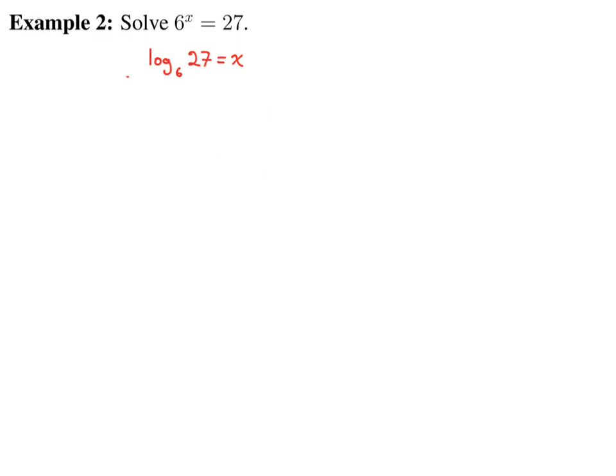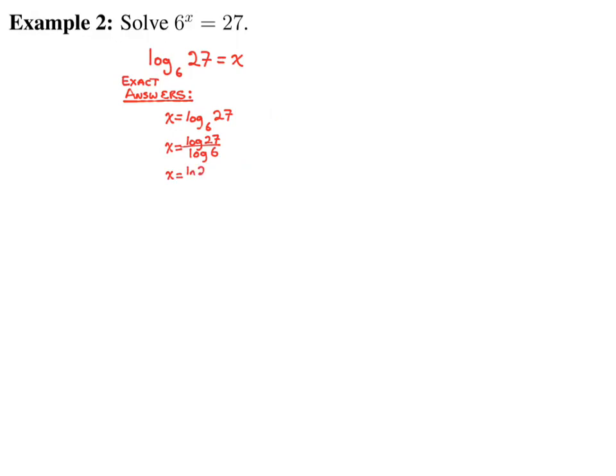So that turns into log base 6 of 27. And then to go ahead and make an exact answer, you'd say x is log base 6 of 27, and that's true. If you're a common log kind of person, you might turn that into log of 27 divided by log of 6. That's also true.